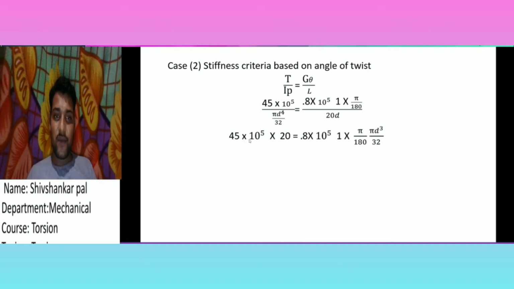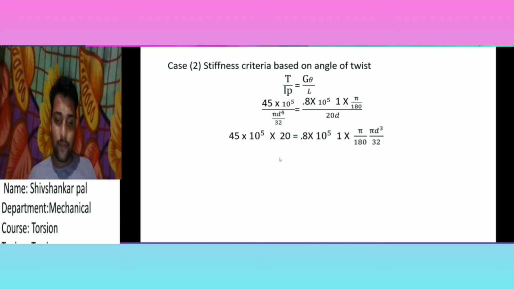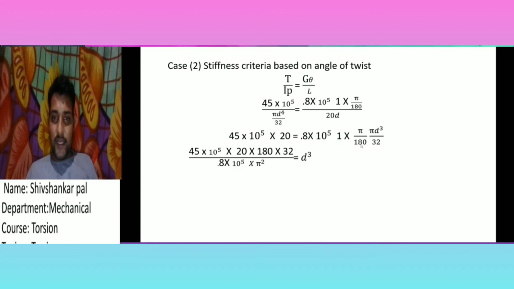So 45 × 10^5 × 20, over 0.8 × 10^5. These 20 go to this side, and the diameters cancel, so you write pi d^3 by 32 times pi by 180. Then the 180 and 32 go to the other side in multiplication.